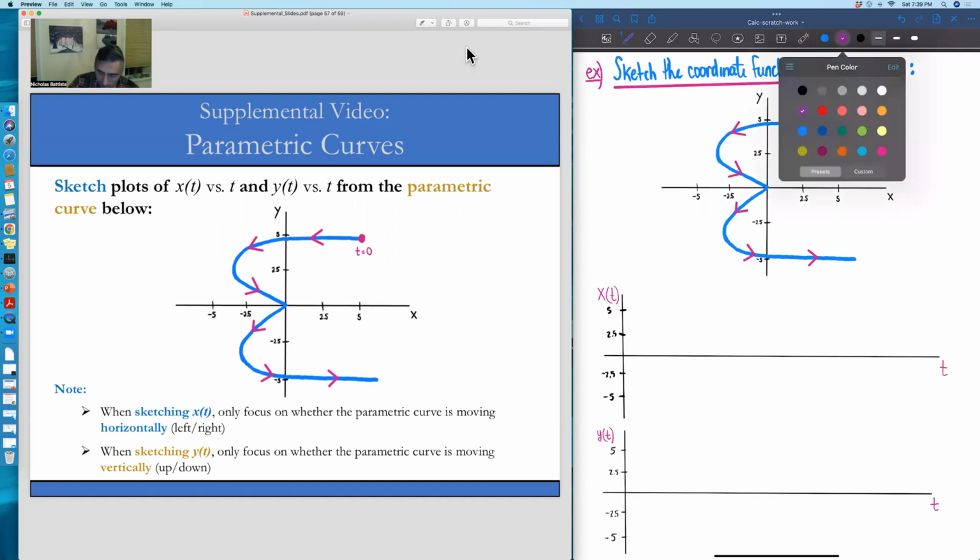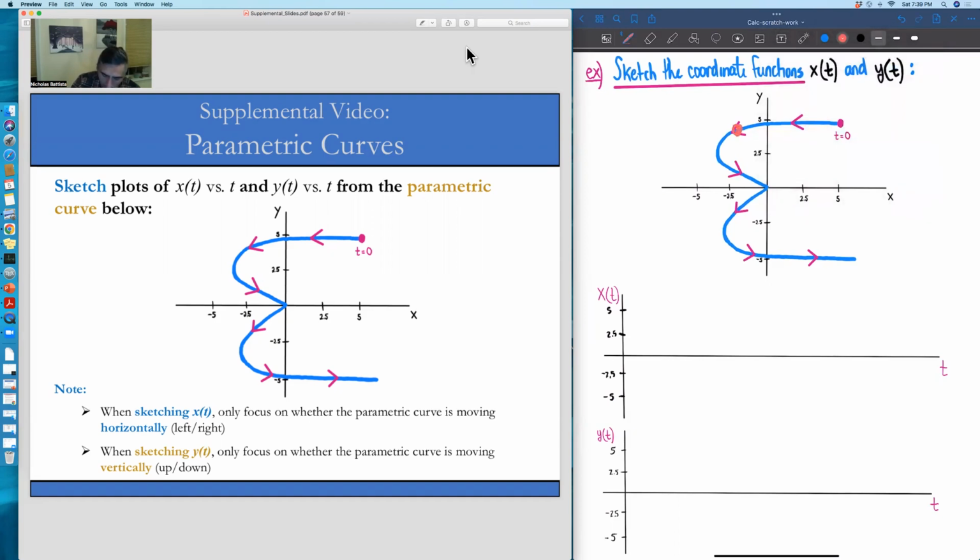And again, these are just going to be sketches. I'm going to say, till about here, where this arrow is, our curve looks mostly flat. So that'll be the first point that I think about. I'm just going to call this T equals 1.